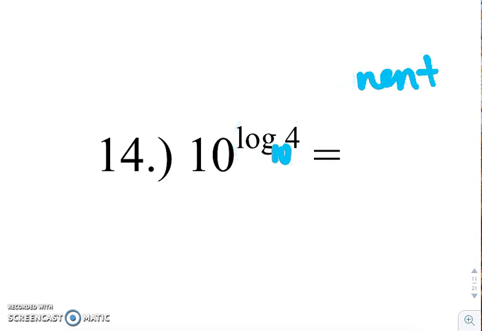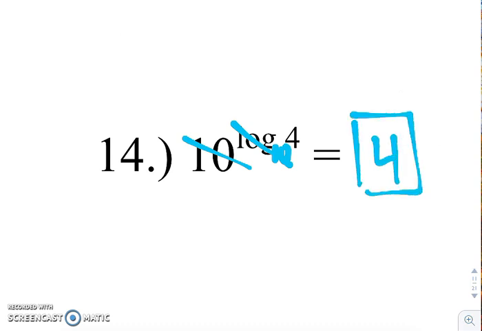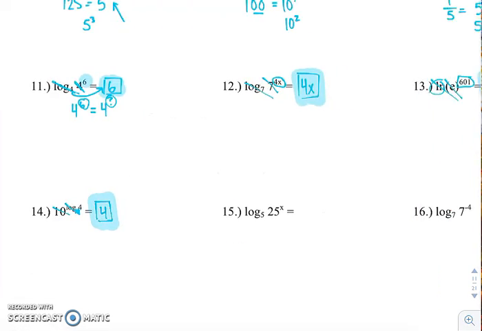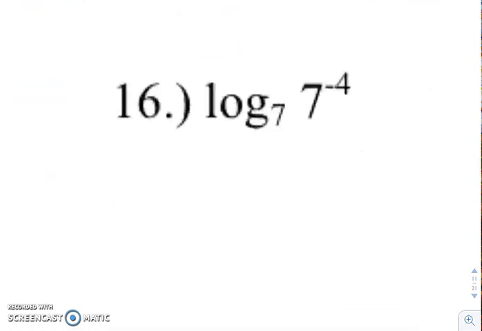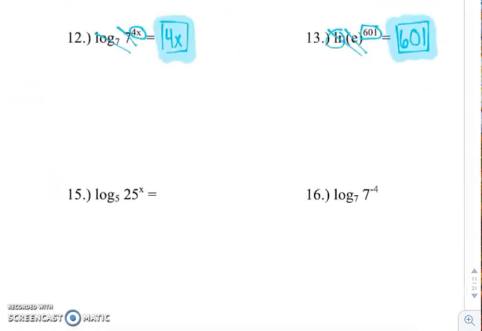So if you have an exponent with base 10 and the exponent itself is a log base 10, they are going to cancel out and you'll be left with just 4.